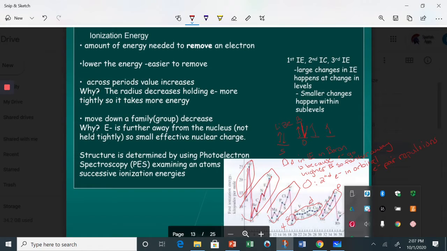Now when you go down a group, the general thing is that ionization energy decreases going down a group. You have more energy levels. This is an energy level, not a little electron. Okay, the outer electrons are farther away from the nucleus.